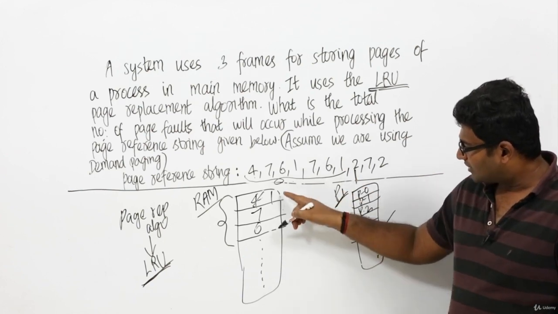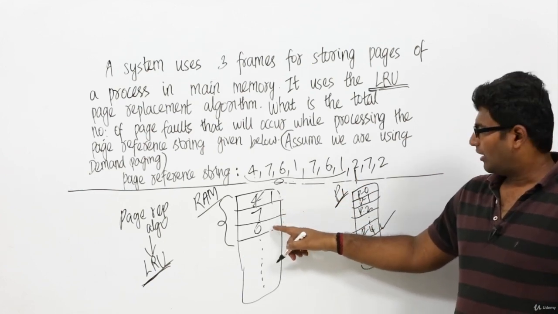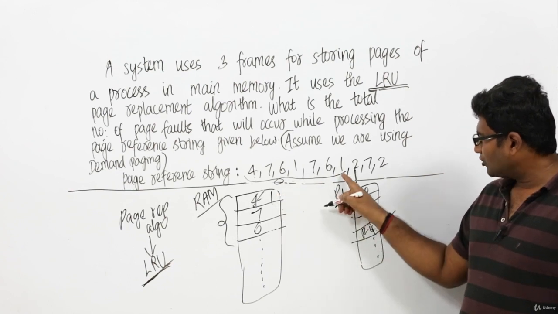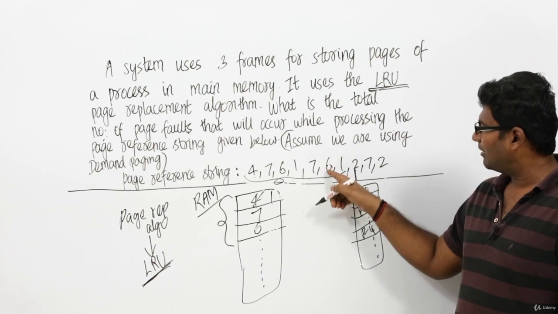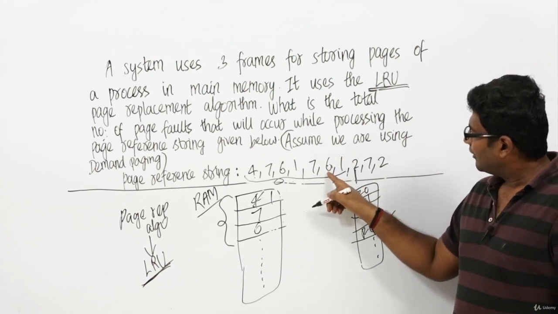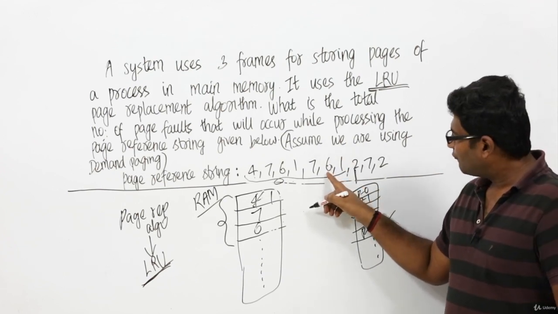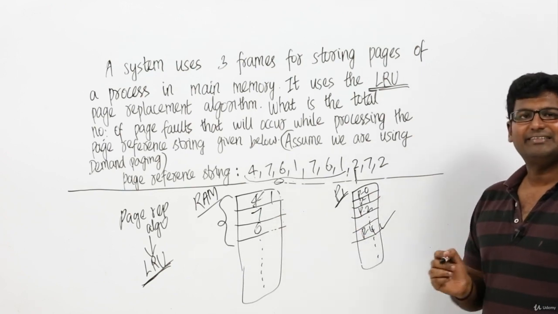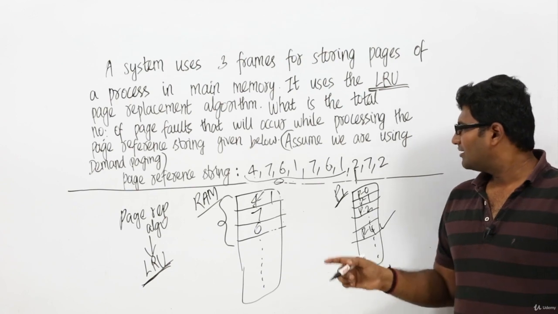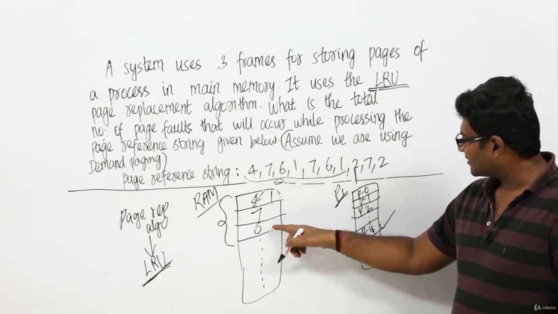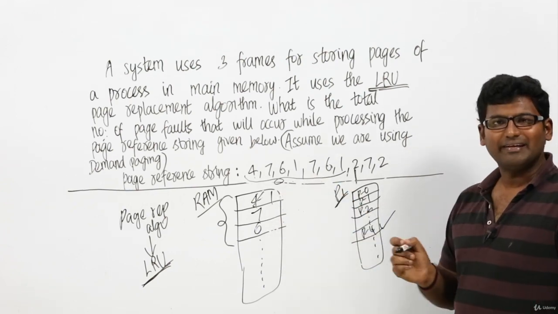It is not the least recently referred page. As of now we have pages 1, 7 and 6, right? Out of which page number 1 is the most recently referred page, and page number 6 was referred a little earlier, right? Now page number 7 is the least recently used page, referred by the CPU. Out of these 3 pages, page number 7 is the least recently used.